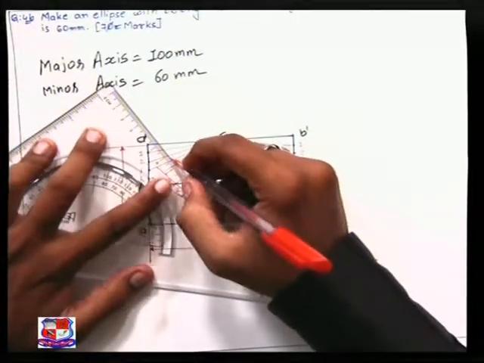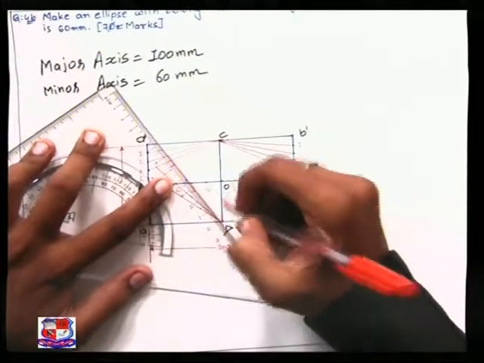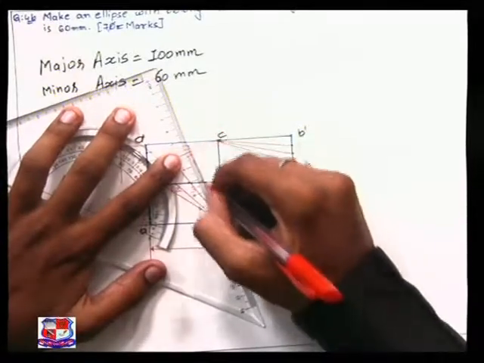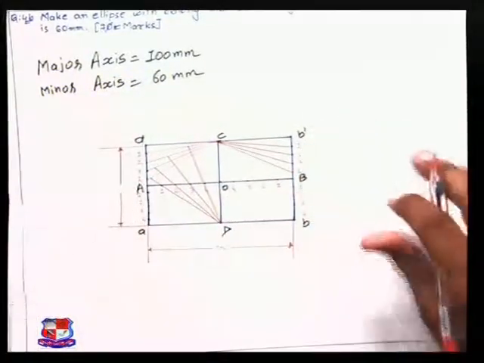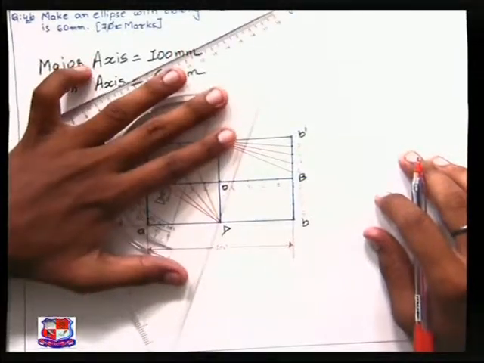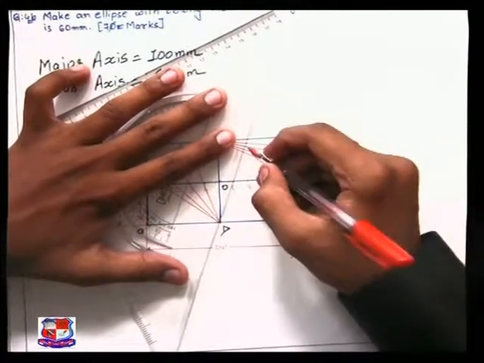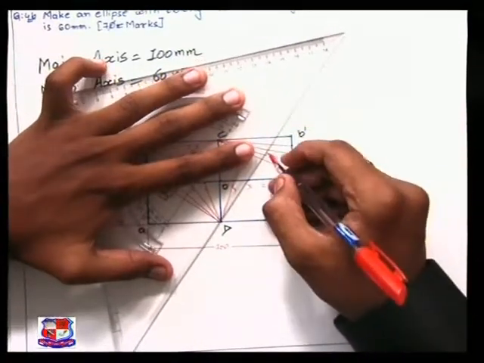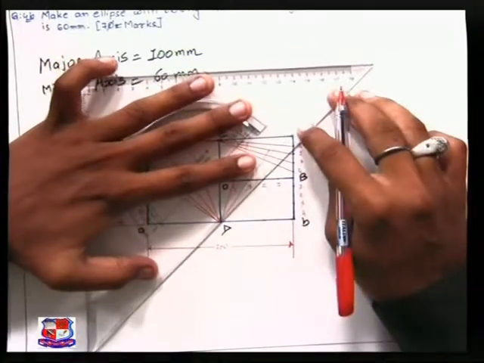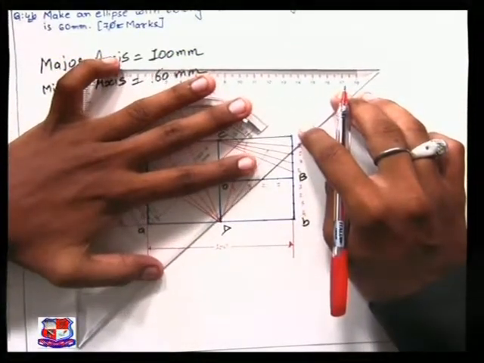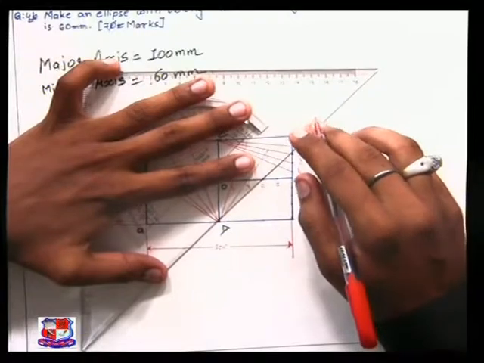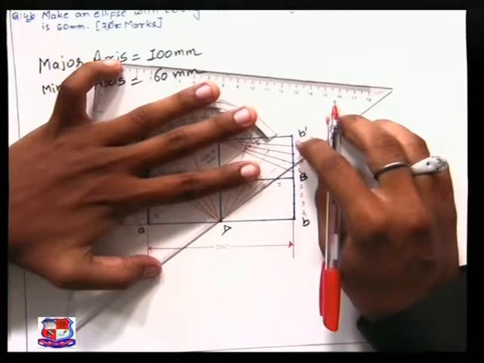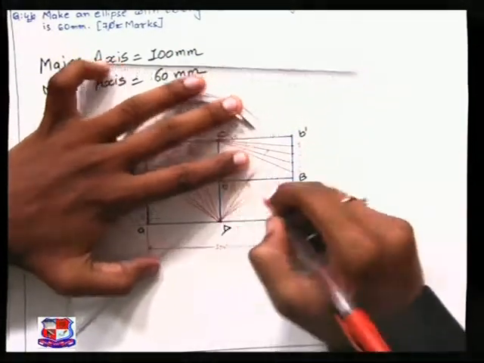D passing through 3, joining till the second line, 4 till the first line. Same way on the opposite side: 4 to 1, 3 to 2, 2 to 3 and 1 to 4. Opposite numbers.